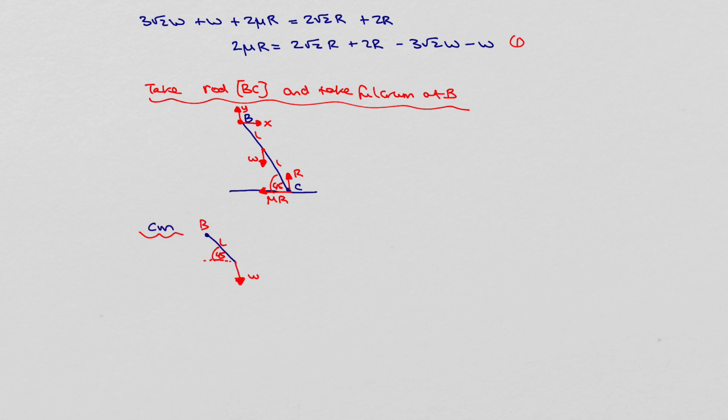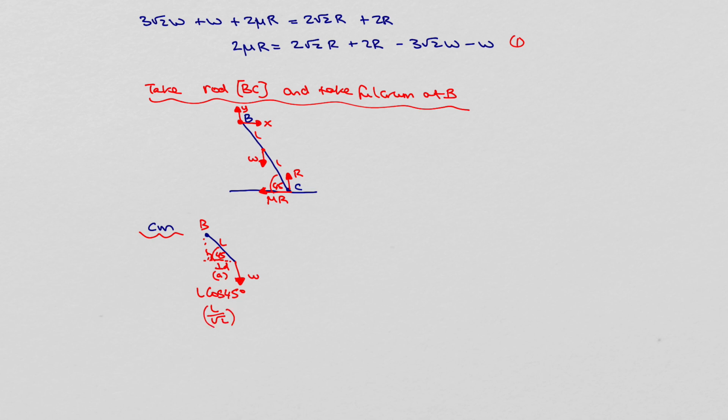So from the centre of gravity to B is going to be length L. We're looking for the perpendicular distance. So if I draw my right angle triangle, here's my perpendicular distance, which happens to be the adjacent. And the adjacent is always h cos theta. So it's L cos 45, in other words, L over root 2 for my perpendicular distance.